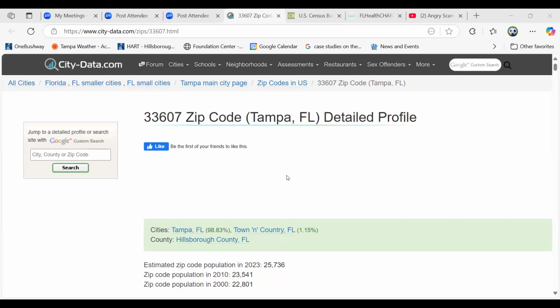The first thing I needed to do was to get a picture as to what the neighborhood looks like. So I went to city-data.com and I put in the zip code, 33607. And it comes back with a detailed profile.